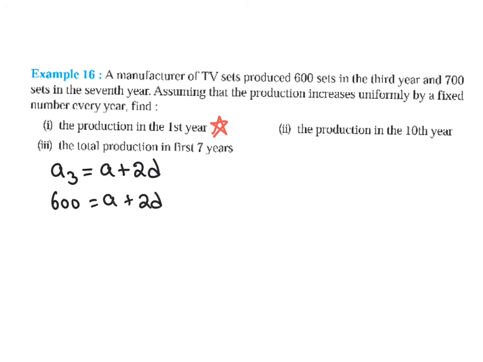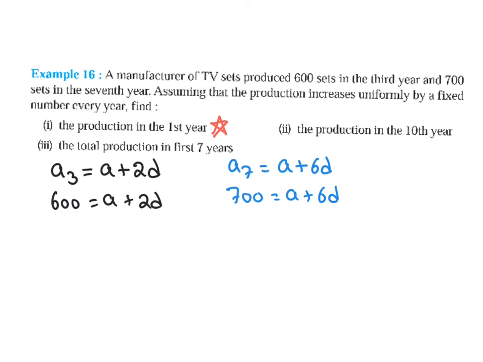So this is in the third year. And it says in the seventh year, that means A7 is equal to a plus 7 minus 1, 6d. In the seventh year, the production was 700. So we get 700 equal to a plus 6d.